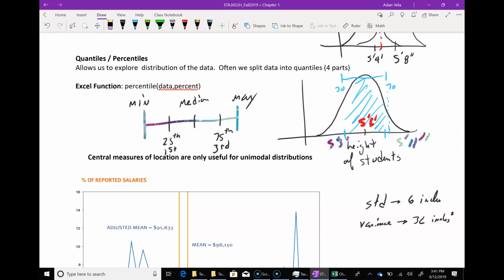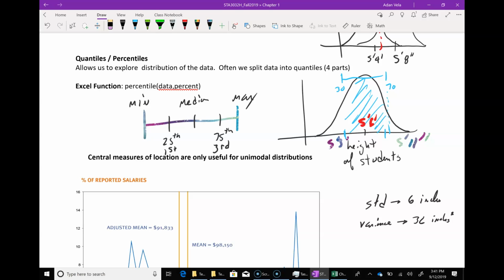So generally people like to work with the same units that are consistent, right? So if I give you a mean height of 5 foot 6 inches, which is 66 inches, then I should give you the standard deviation or some measure of variability in the same units, inches, not inches squared. That's really odd, right?